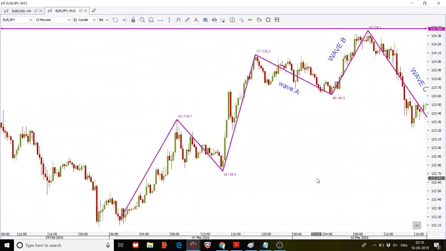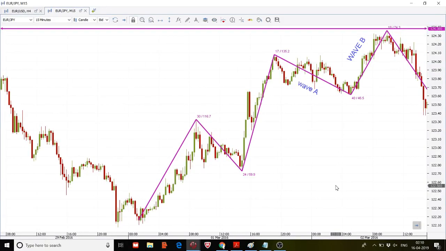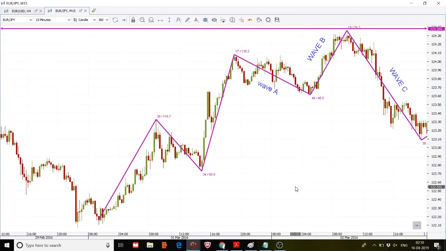So suppose, let me hide this part. We are here. We don't know after that how the market will be, how the instrument will be going, in which direction.